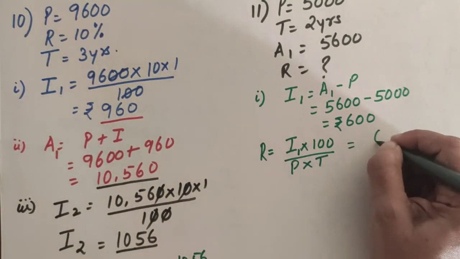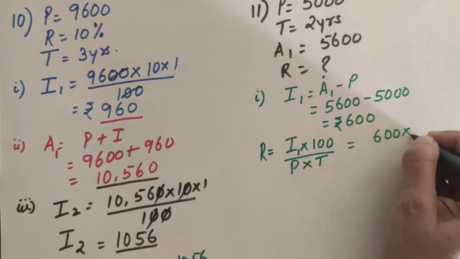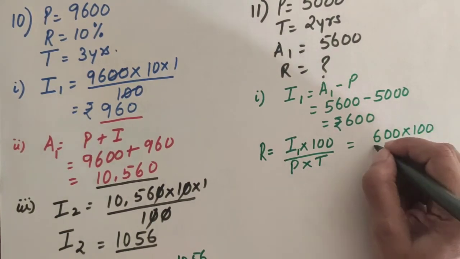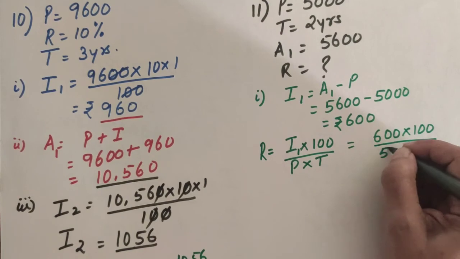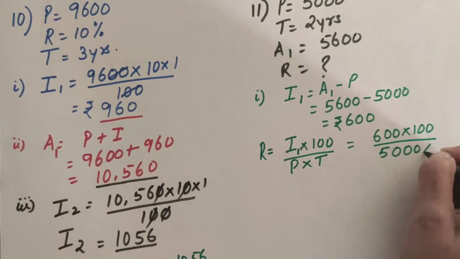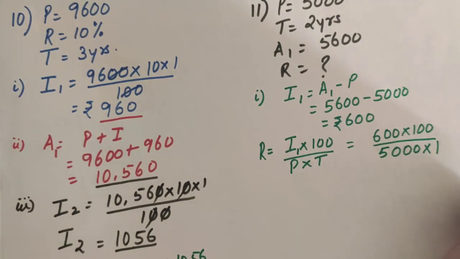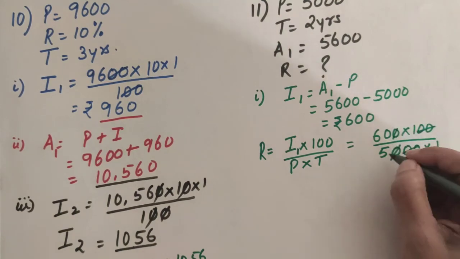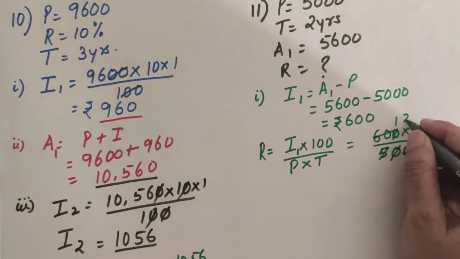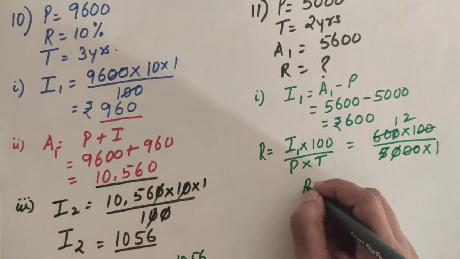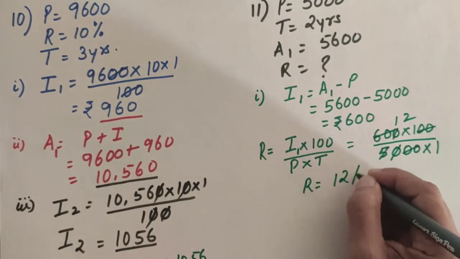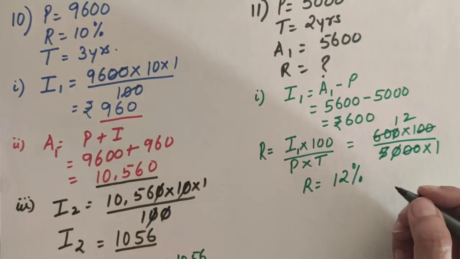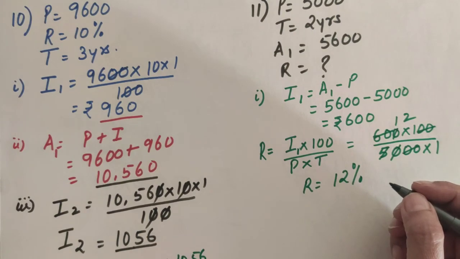So interest is 600 into 100 upon principal, which is 5,000, upon time. Now time here we don't take 2, we take it as 1 because it is compound interest. So cancel the zeros, 5 12s. So your rate here is 12%. The moment you take time as 2 years, your answer will come wrong.